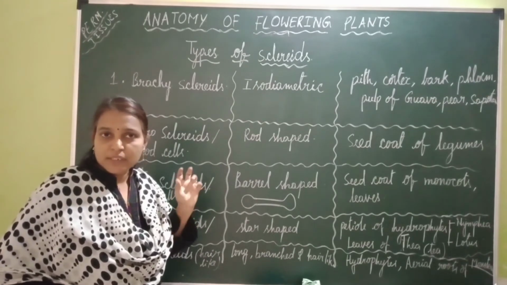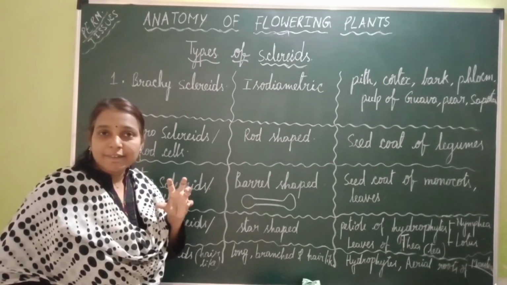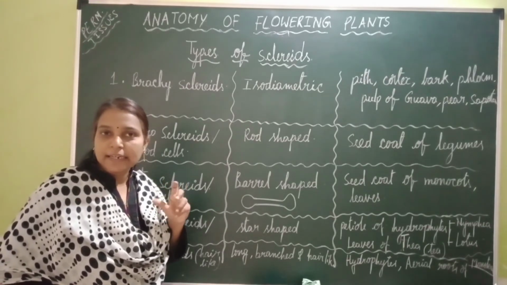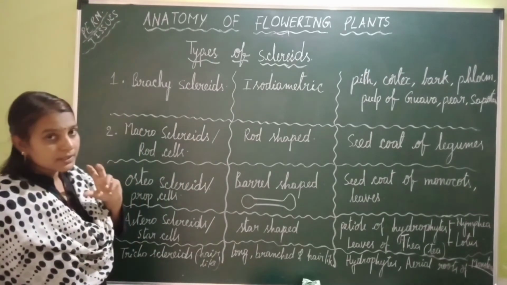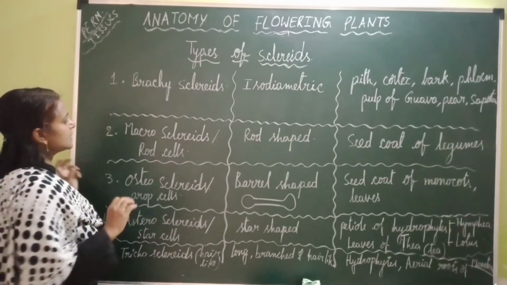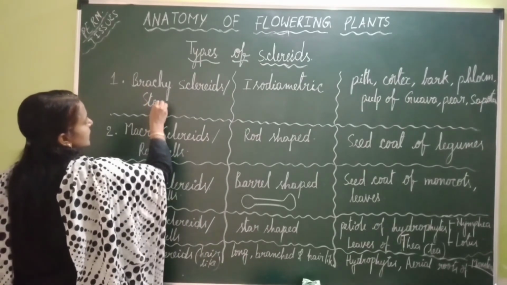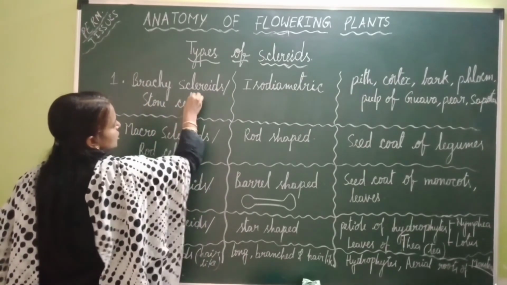Due to their presence in the pulp, they give grittiness and stiffness to the fruit, so brachysclerids are also called stone cells.